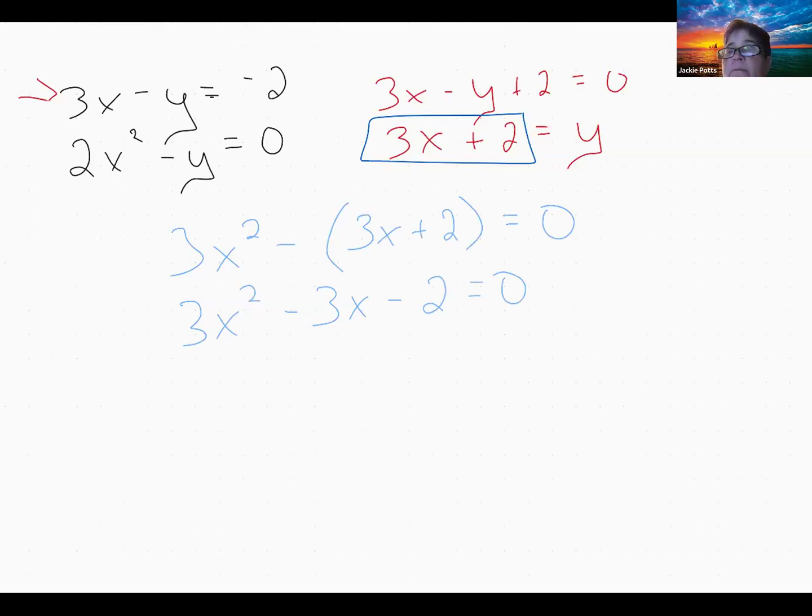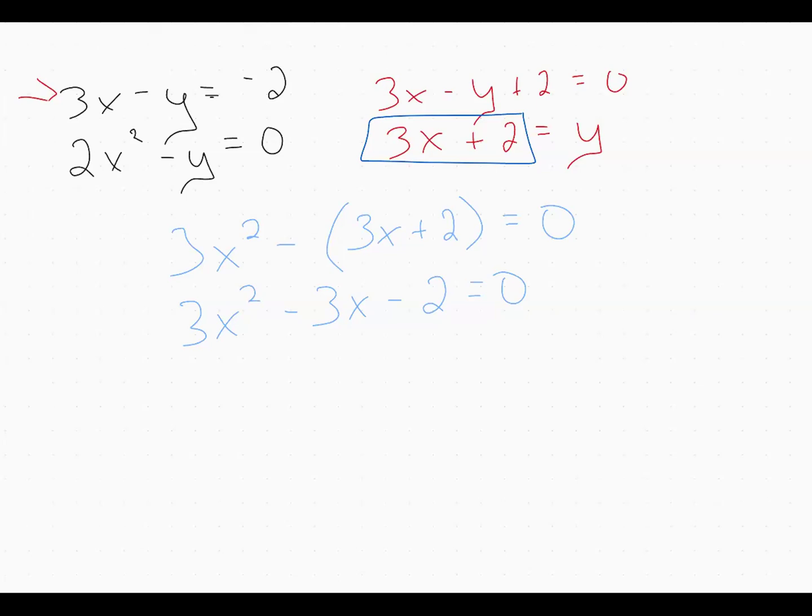Well, I could, but let's see, does it factor? 3 times 2 is 6, and 6 factors that subtract to 3. Well, I can't think of any. Because I see 6 and 1 gives me 5, and 3 times 2 gives me 1. So yeah, no. So it means we're going to have to do something different.